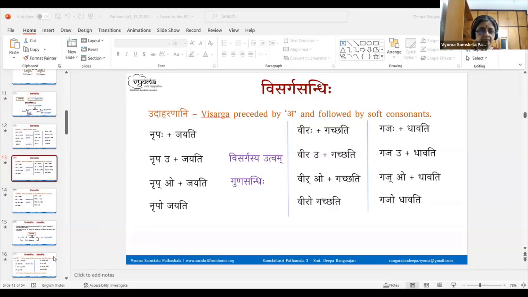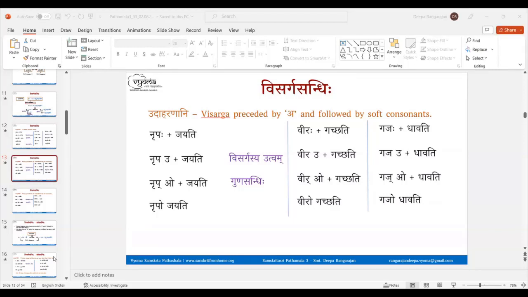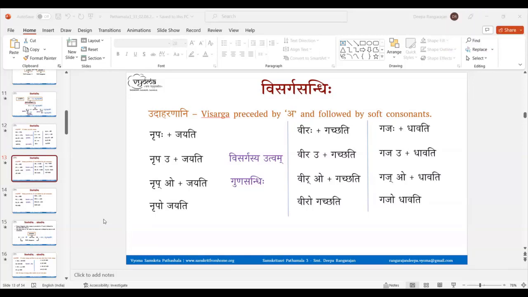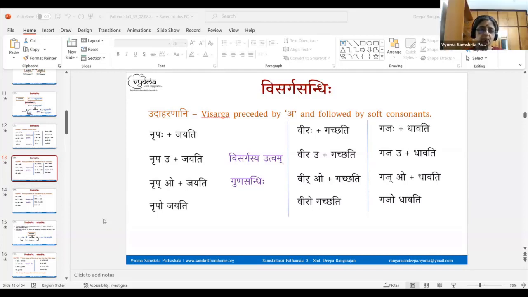Now, in Balika Api, you don't know if it is singular Balika or plural Balikaha, because of the lopa. Unless you know the context, it is difficult. So you have to read the lines before and after. If the verb is there, Balika Api Gacchanti, then we know it is plural. Yes. In most cases, we have to find out based on the verb only.